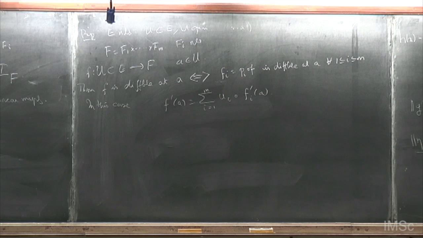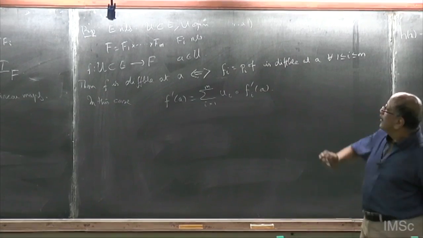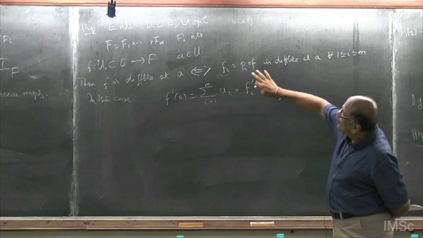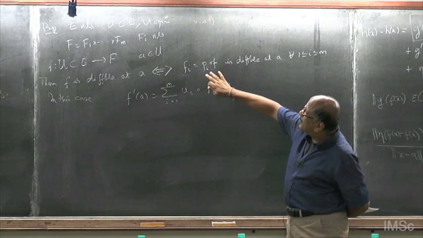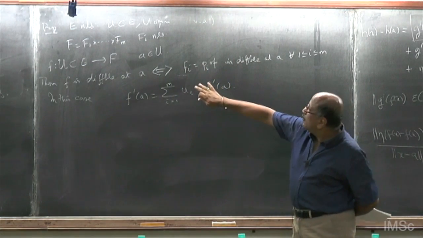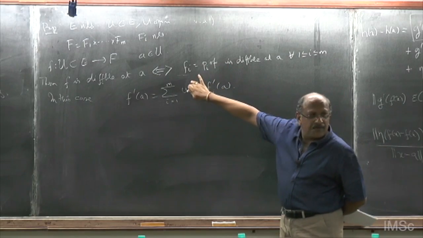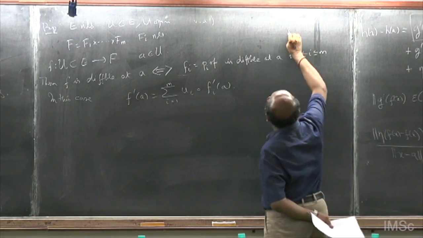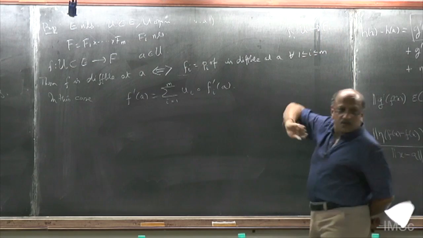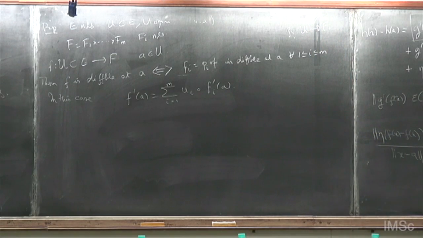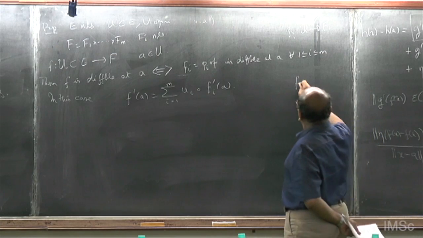So, let us first see if all these things I have stated correctly, okay, if the maps are going to the right places. f is from U to F and pi is from F to Fi. So, pi composed with f is a map. So, fi is a map from U to Fi. So, I can talk of the differentiability at a point in that case. Then what is fi dash?